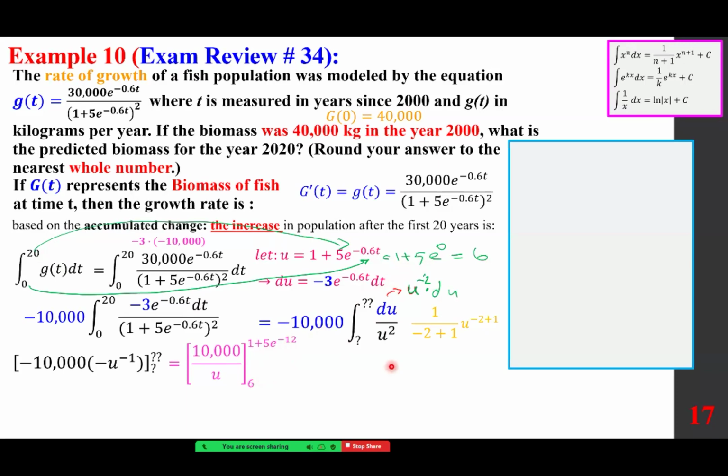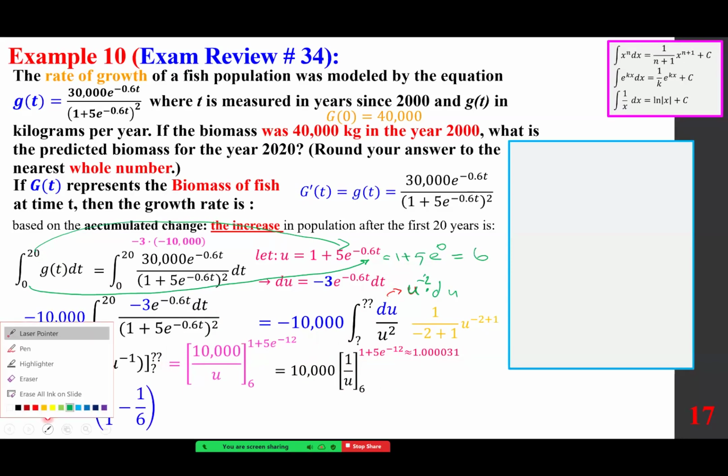Now, to evaluate this, let's take the 10,000 out. Let's write it 1 over u, and let's write it 6 to this number. Now, this number, class, if you put it into a calculator, it becomes almost 1. It becomes 1.0000031, which is almost 1. So we're going to write 10,000 times 1 over 1 minus 1 over 6.